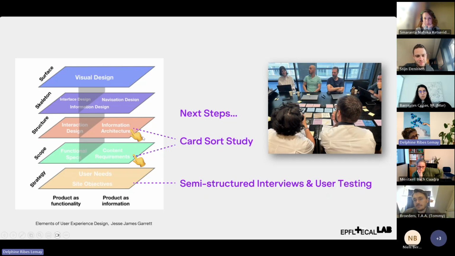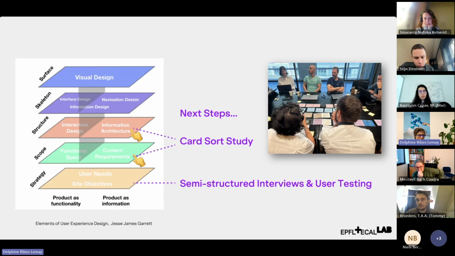Once we had all that could be shown to the clinicians, we did a workshop with different disciplines, a card sort study workshop. Basically, people use printed cards and discuss around the cards and say, okay, this, I want to see every day, for every moment, for every patient.